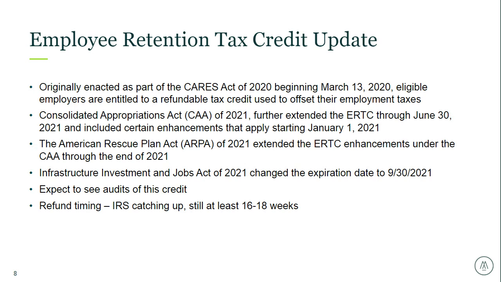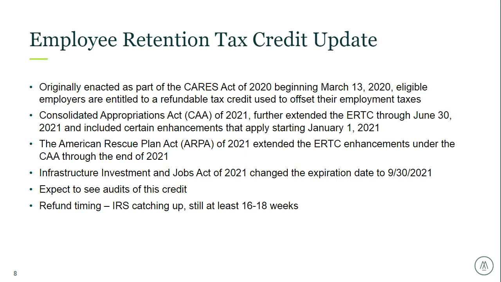But this infrastructure bill backtracked and changed the expiration date for the ERTC to September 30th of 2021. So some organizations were already claiming these credits for the fourth quarter of 2021 based on their eligibility from the third quarter, and they will now need to pay back those fourth quarter credits that they claimed.